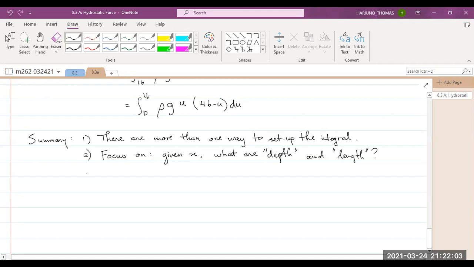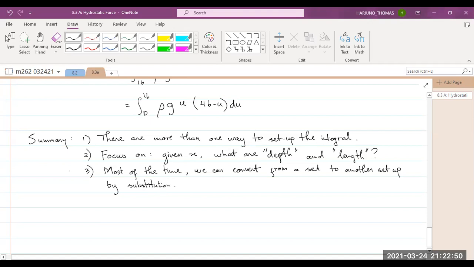Okay, and third one, you will see that most of the time, I'm not sure if it is always, but so far I can confirm most of the time, we can convert from a setup to another setup by substitution. This is just a little note from me though, part 3.